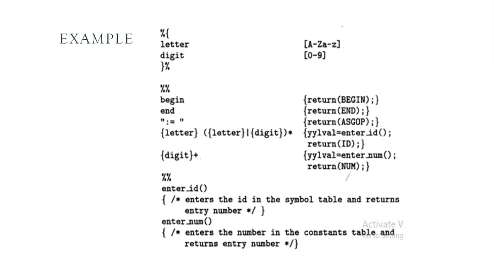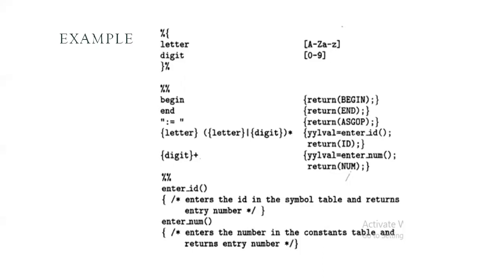An example of this can be int a, where a is an ID. In this case only a letter is there. If we say int a1, then a letter is taken and one digit is taken. That is also okay. If we say int AA1, then one letter, another letter, and one more digit. So this is also possible.